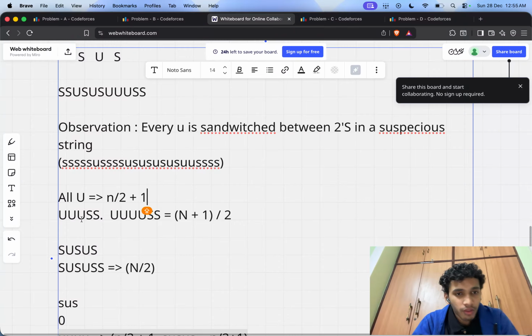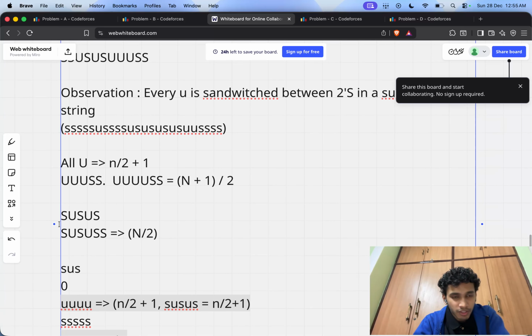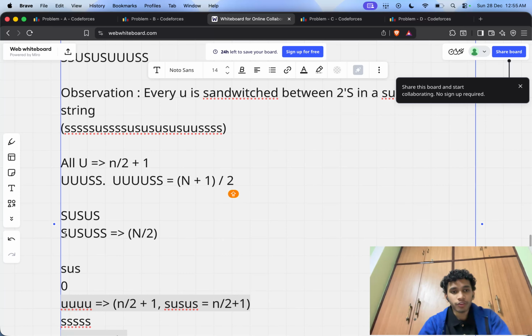Now, if the U's are a substring and they are present in some corners, because this U is not surrounded by S, and this U is surrounded by S, for this scenario, the formula came out to be n plus 1 by 2. And for the third case, the U's are surrounded by S on both sides. For this, the formula came out to be n by 2.